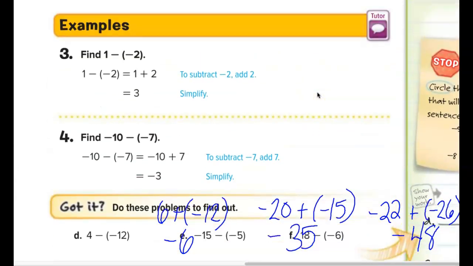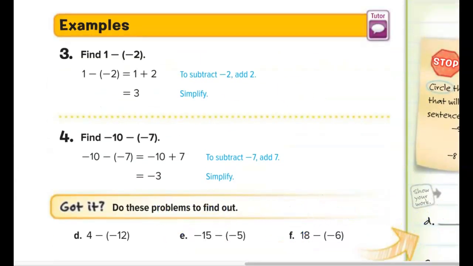Example 3. I'm still going to rewrite these as addition sentences. So how do I rewrite 1 take away negative 2? 1 plus 2, right? So what is 1 plus 2? 3.